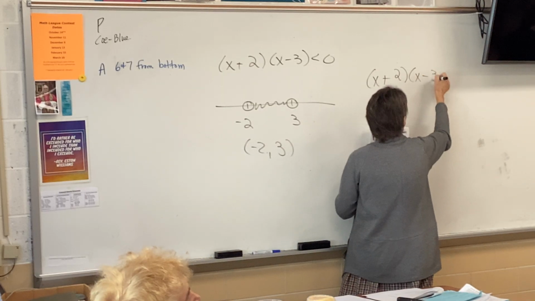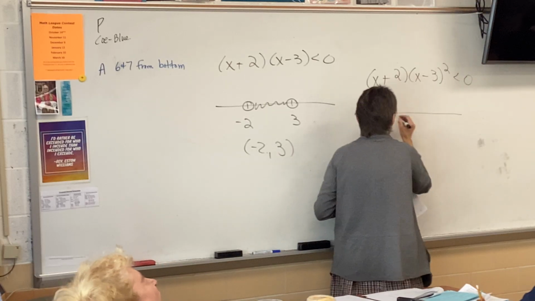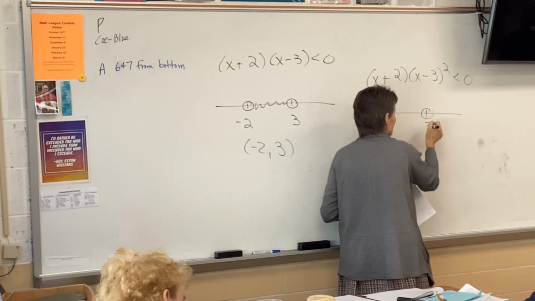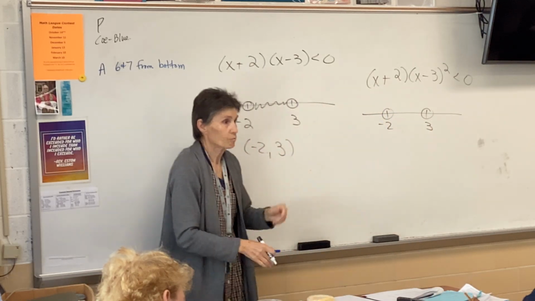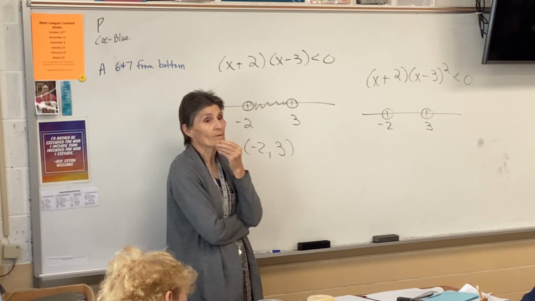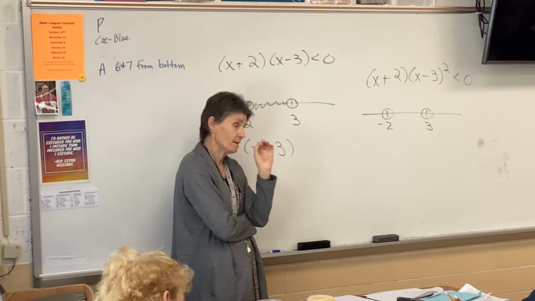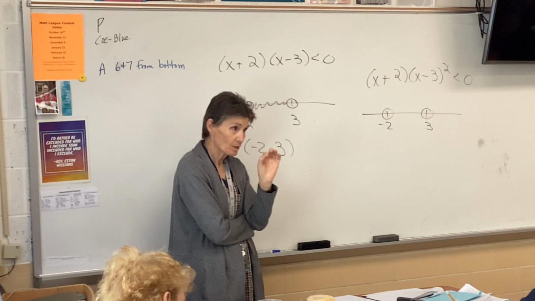Look at this one. Would you agree it has 2 dots and they're in exactly the same spot? -2 and 3? But what is crazy about this problem? It's got a square. And as soon as you put a square in there, the rules change.